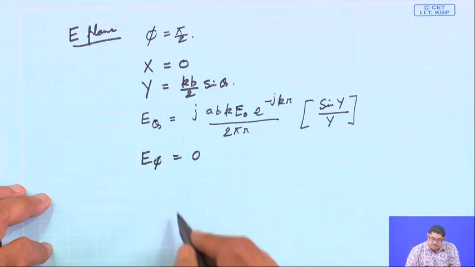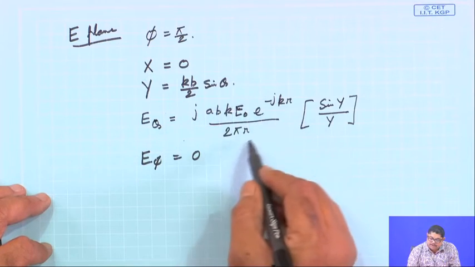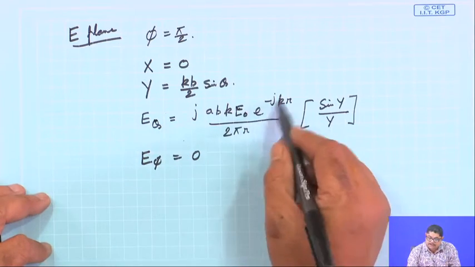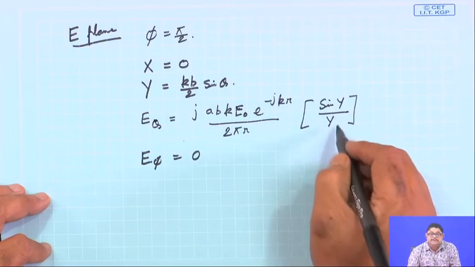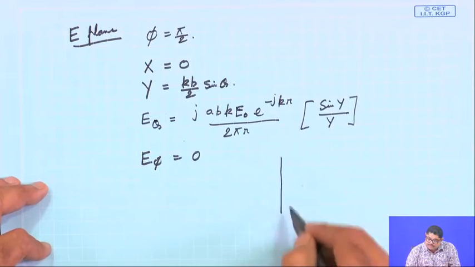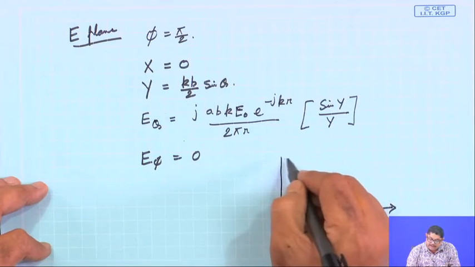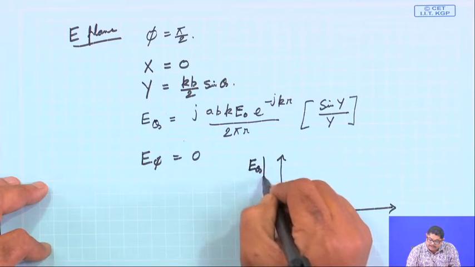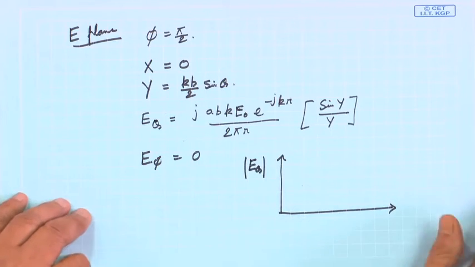You can normalize this; the constant part goes when I take the magnitude of the field, so basically it is a sinc y. So I can put the radiation pattern in the E plane; this is the field radiation pattern, and the power radiation pattern will be the square of this.